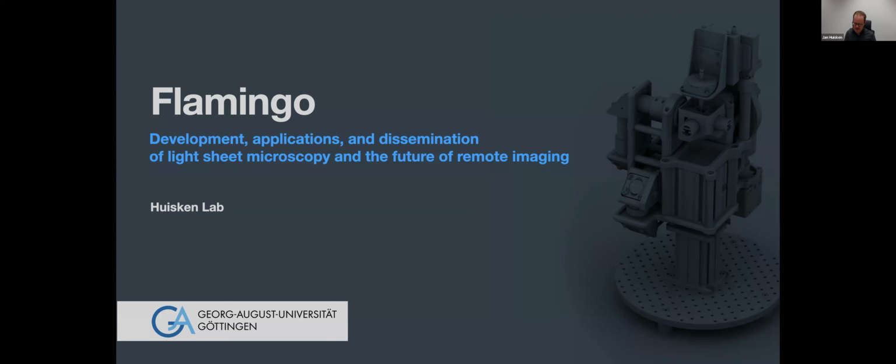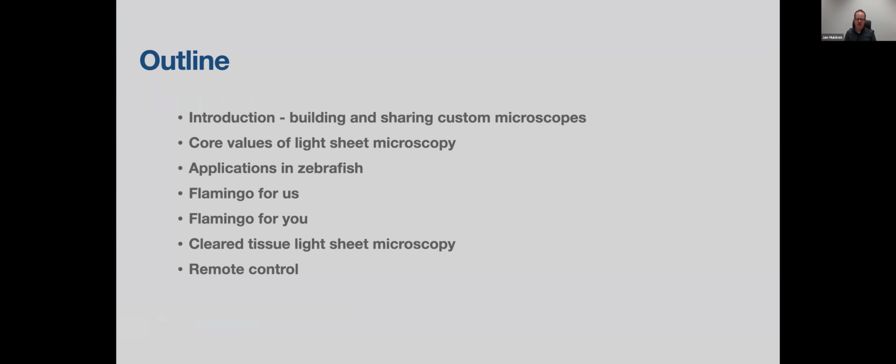So in today's talk, I'll give you an introduction, sort of quickly who we are and which direction we're coming from. Briefly introduce light sheet microscopy, which I assume most people are already familiar with.